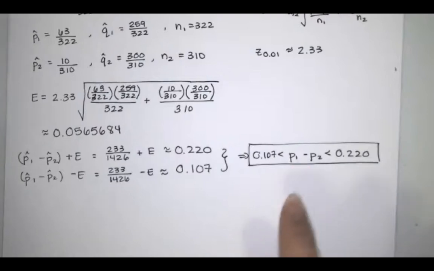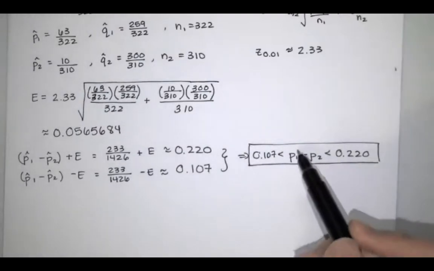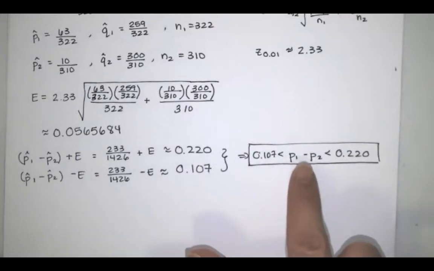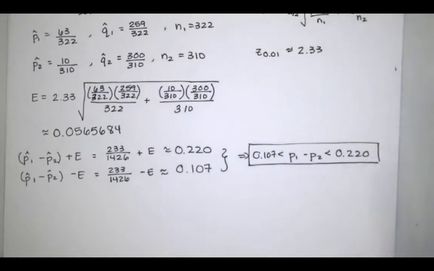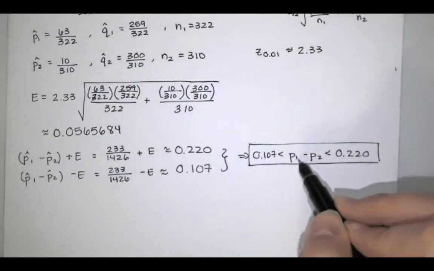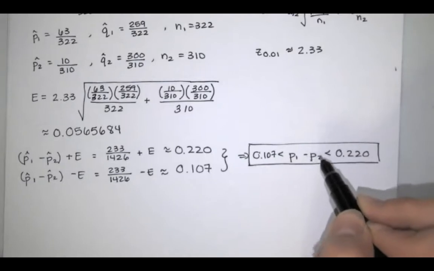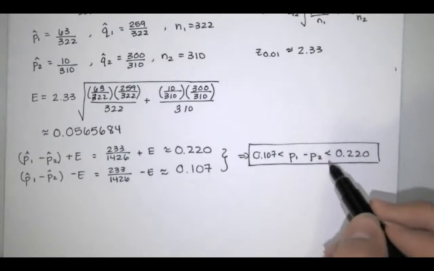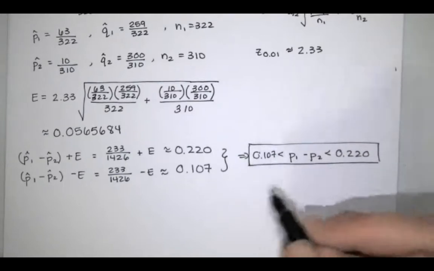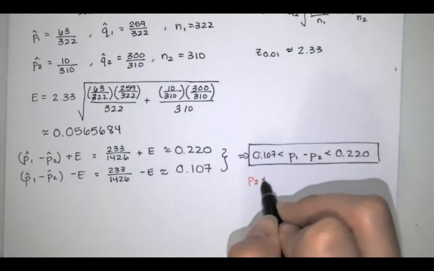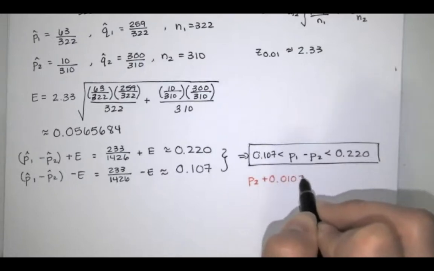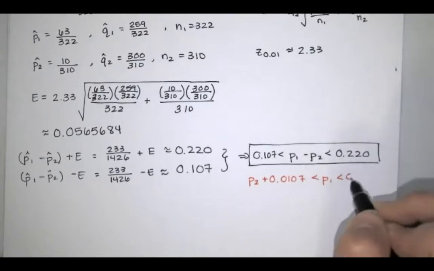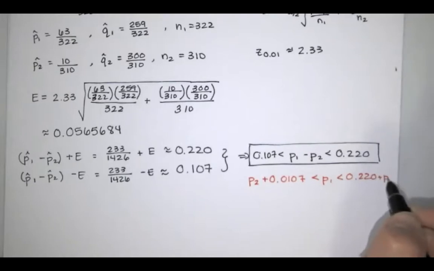Okay, so I'm looking at this, and this is the proportion of those over 55 that dream in black and white. If I want to know how this relates to P sub 2, the proportion of those who dream in black and white that are under 25, I can add this P2 to all three parts here. So what we're going to get is P sub 2 plus this number is less than P sub 1, which is less than this number plus P sub 2.